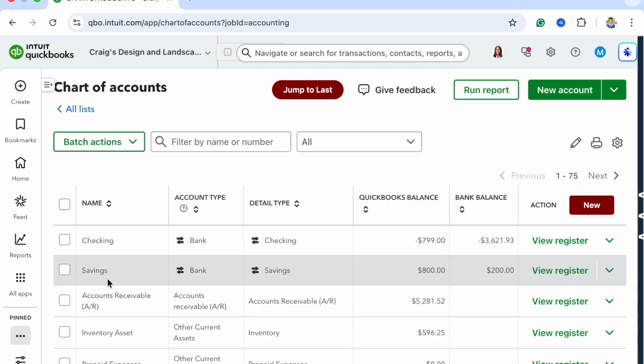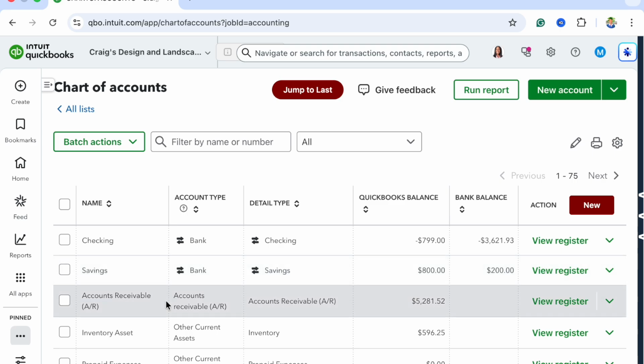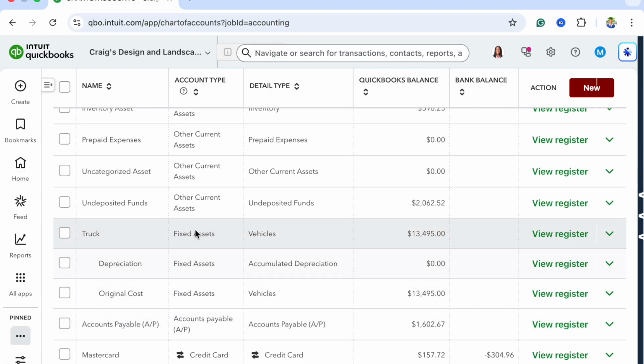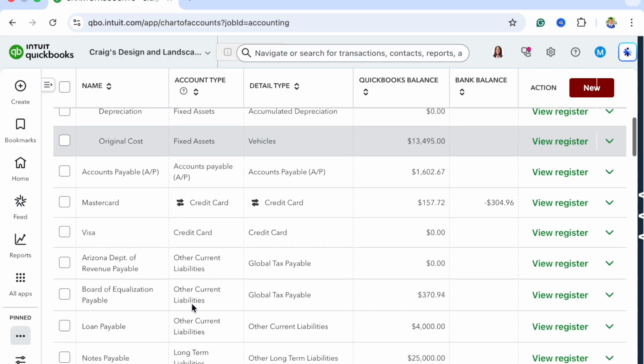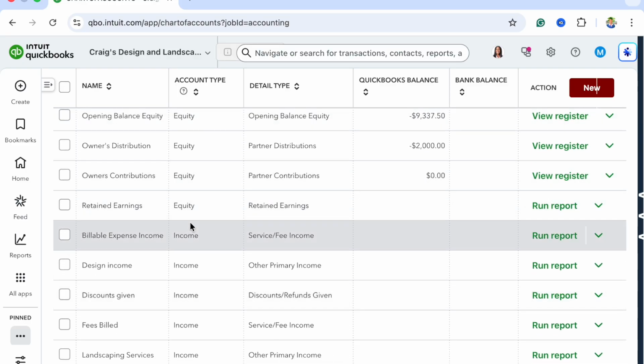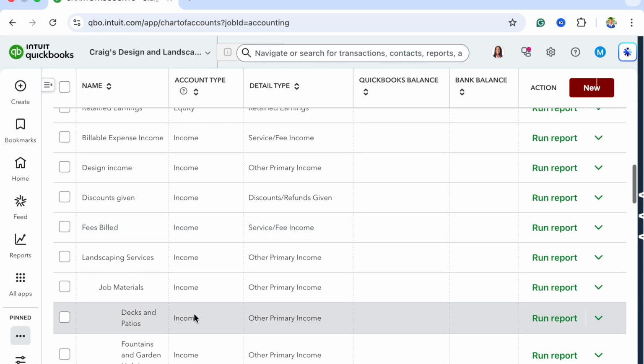And also make sure that you organize your income together, your expenses together. So when you are organizing your chart of accounts, you want all fixed assets together, your liability accounts together, your equity accounts together. You see how it's uniform here.